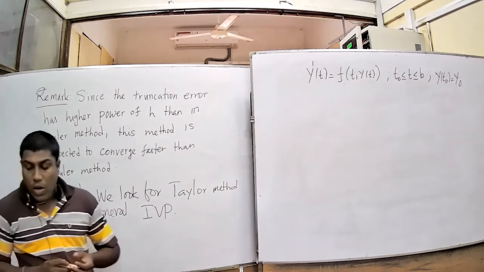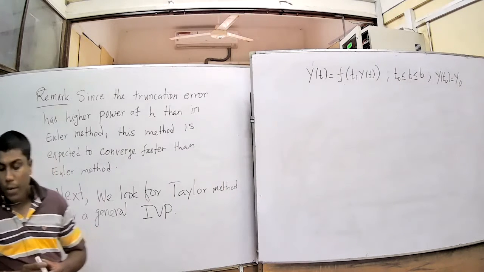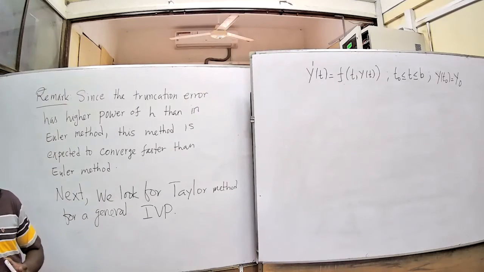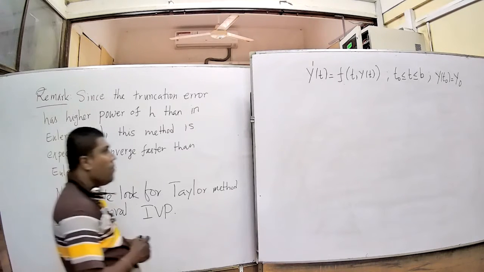Right. So now let us take a Taylor's approximation up to the pth derivative.